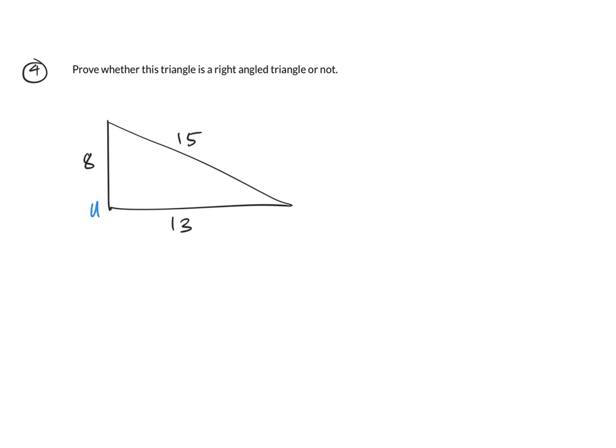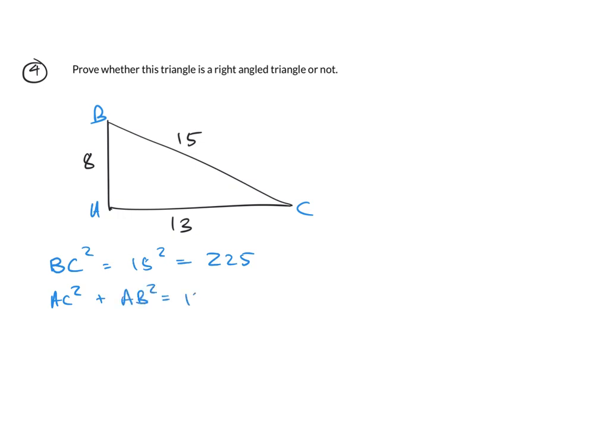So if I label it A, B, C, I know that if it's right angled, BC squared would equal AC squared plus AB squared. So let's look at this. BC squared is equal to 15 squared. 15 squared is 225. Now, let's do AC squared plus AB squared.